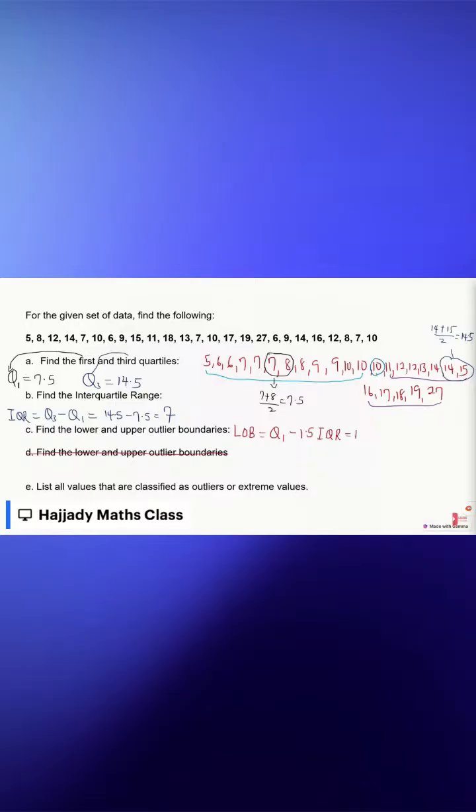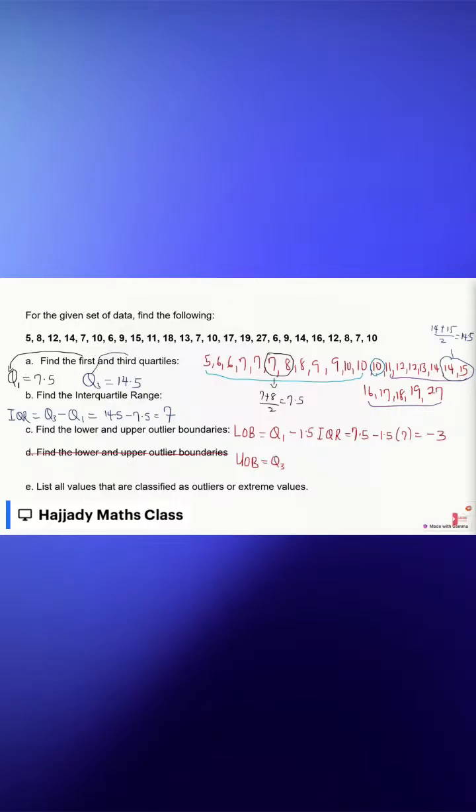And this is Q1, which is 7.5, minus 1.5 multiplied by the interquartile range, which is 7. So this gives -3.